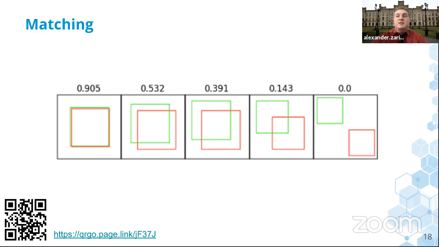In the research community, there is an agreement that if two bounding boxes have an overlap greater than 0.5, we consider them to be pretty much the same bounding box with some moderate error, and we consider these two bounding boxes as matched.